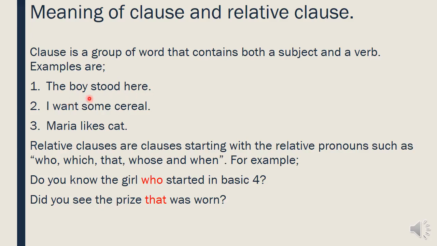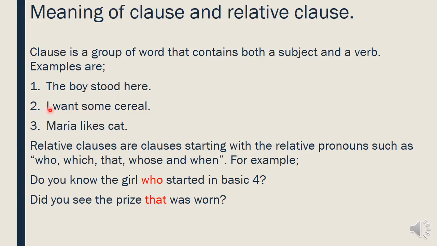Let's look at some examples to understand better. The boy stood here. The boy is our subject. Who are we talking about? The boy. So what did he do? He stood here. This is a typical example of a clause. I want some cereal. So now who are we talking about right now? You.